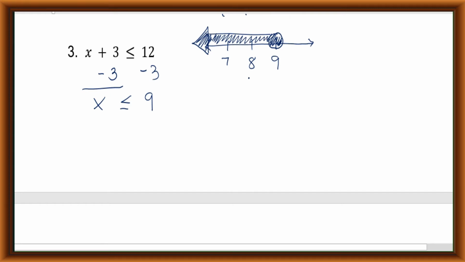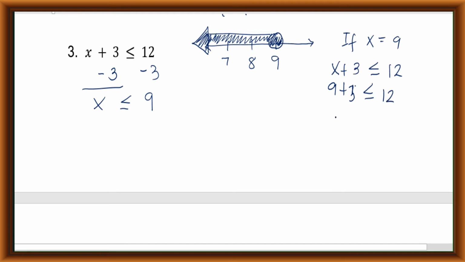Now, if we want to check, let's choose x equal to 9. From the inequality x plus 3 is less than or equal to 12, substituting the value of 9, 9 plus 3 is less than or equal to 12.